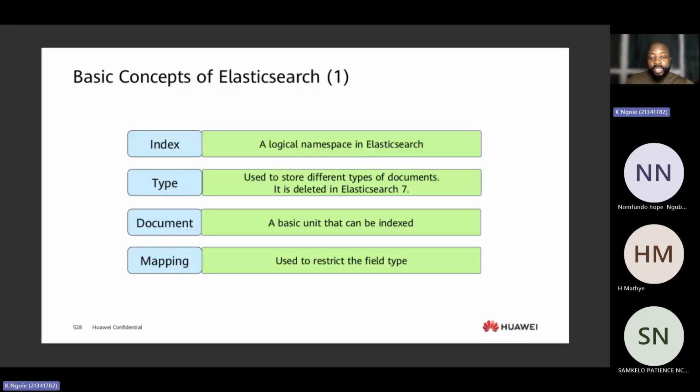Then we have a logical namespace in Elasticsearch. And then the type, which is used for different types of document. The document is the basic unit that can be indexed. Mapping is used to restrict the field type.